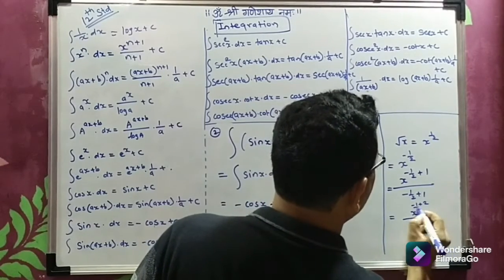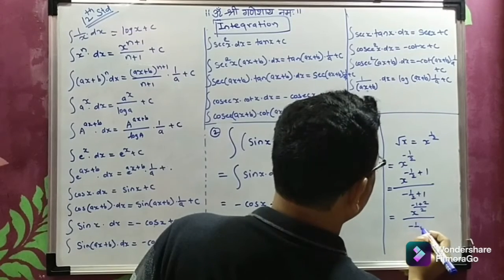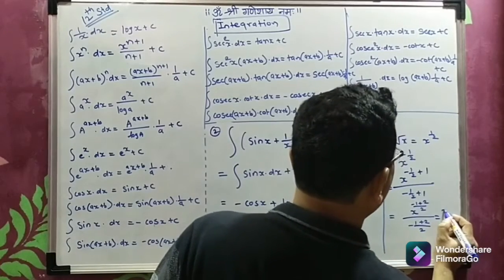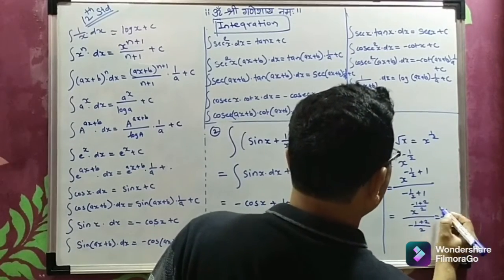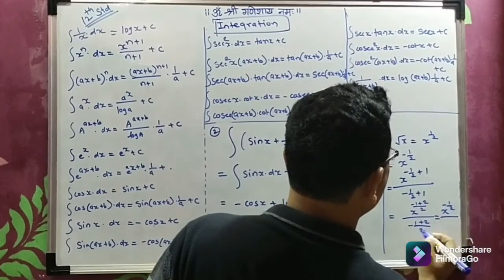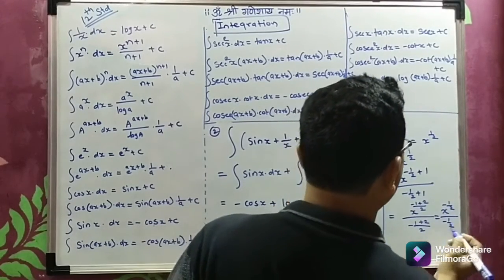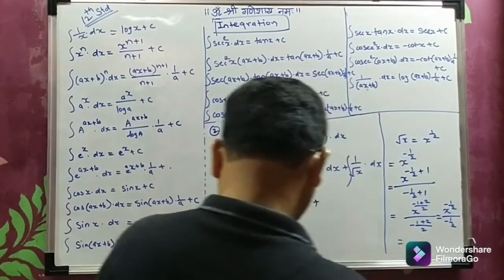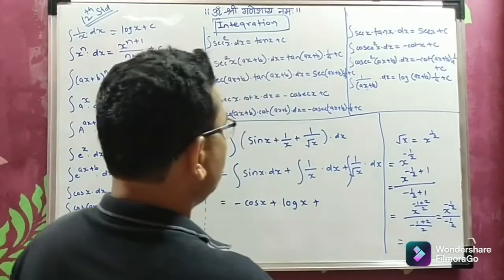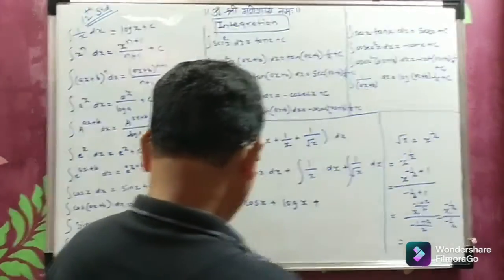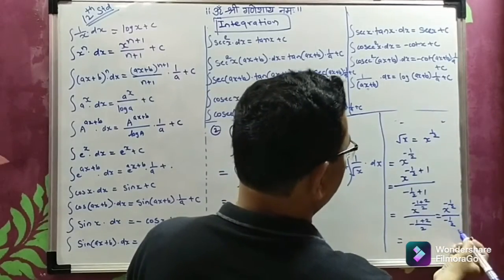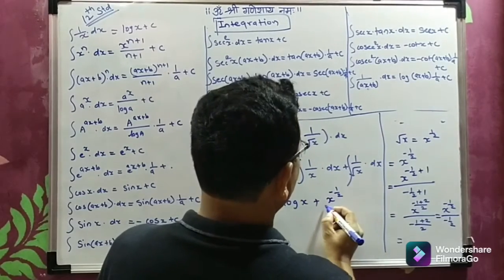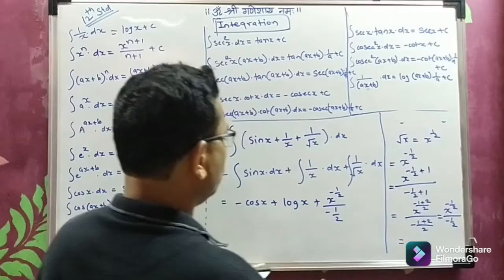Minus 1 plus 2 divided by 2 is 1 by 2. So we will write x raised to 1 by 2 divided by 1 by 2.